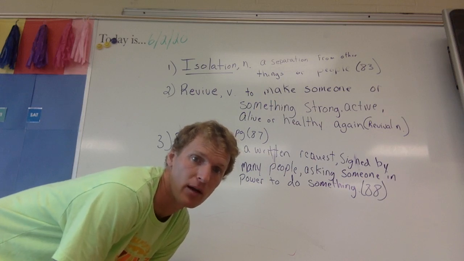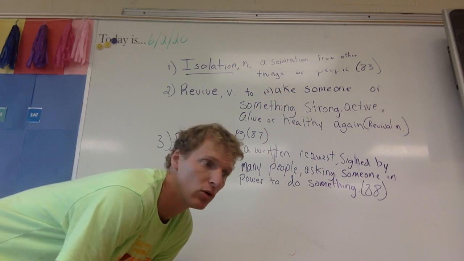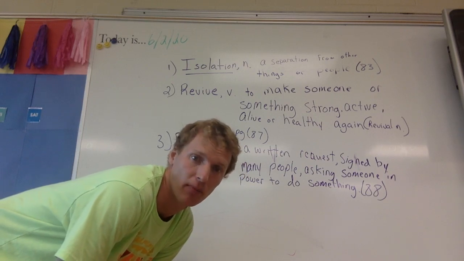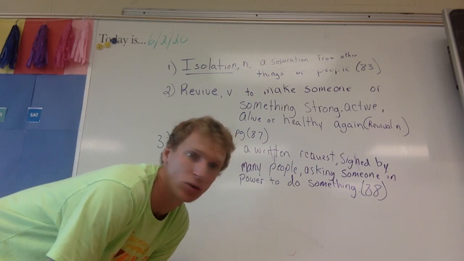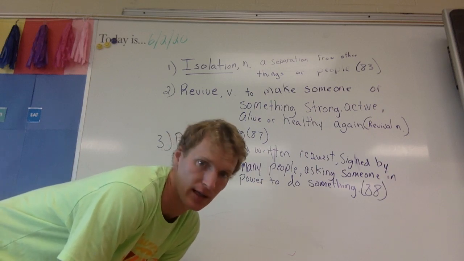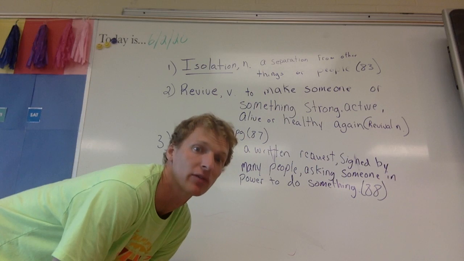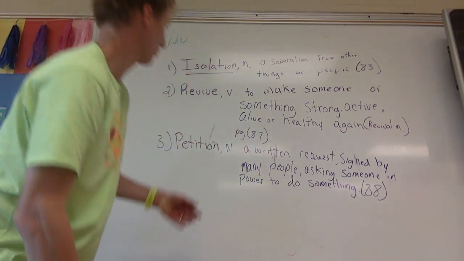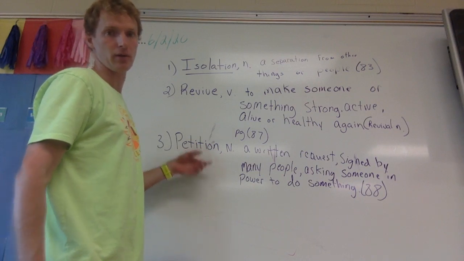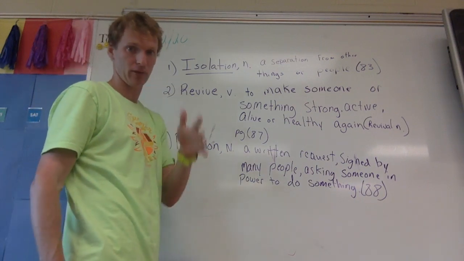They're going to write a petition to someone who they know may have the ability to change or help them. Okay? No one's writing a petition to me to change voting in the United States. I don't have power to change it, even if they did write a petition. But they might write something to like the House of Representatives or Congress or the president. Okay? Dealing with things like that.